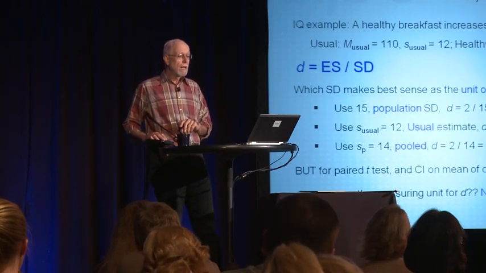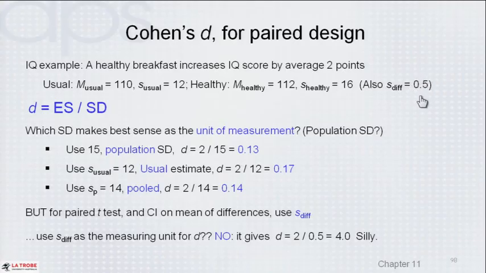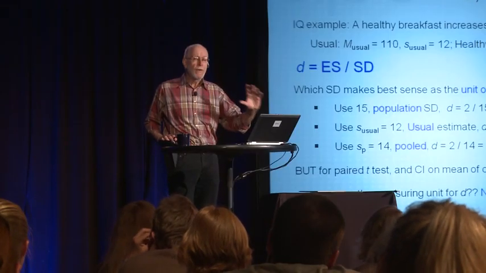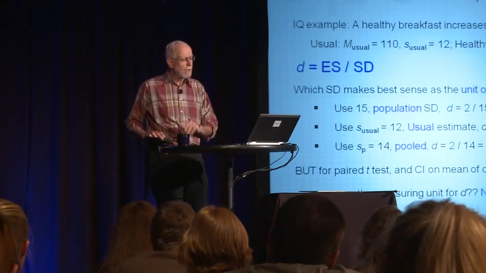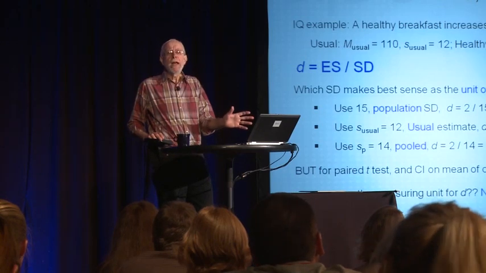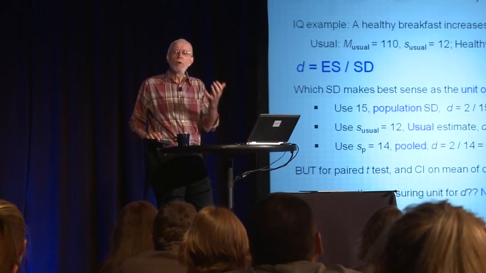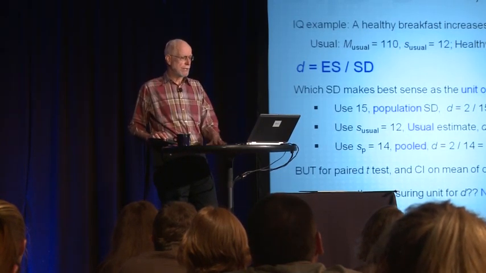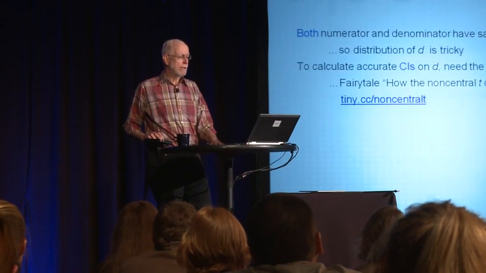And this 0.5 for the differences they would have no such quantity to consider. And they would probably use 15 or something like that. Well, the influence of a healthy breakfast surely should be some absolute thing, have some value in the world that doesn't depend on just the fine detail of your experimental design. So I'm mainly pointing out that for Cohen's D, you've got to grapple with the conceptual meaning and make decisions as to what you calculate and how you do it.